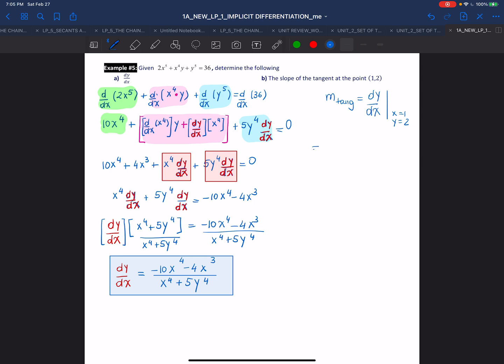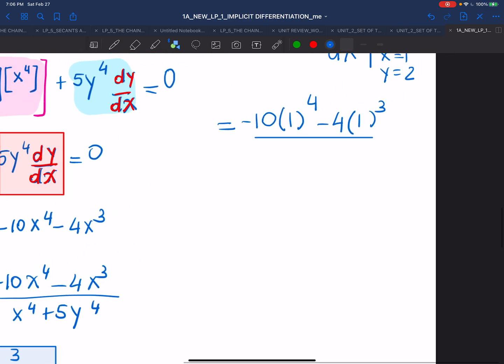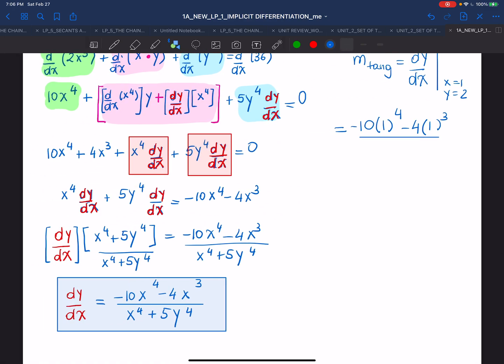So that would equal negative 10, x is 1, so 1 to the power 4, minus 4, x is 1, so 1 to the power of 3, over x to the 4, which is 1 to the power 4, plus 5y, which is 2 to the power of 4.